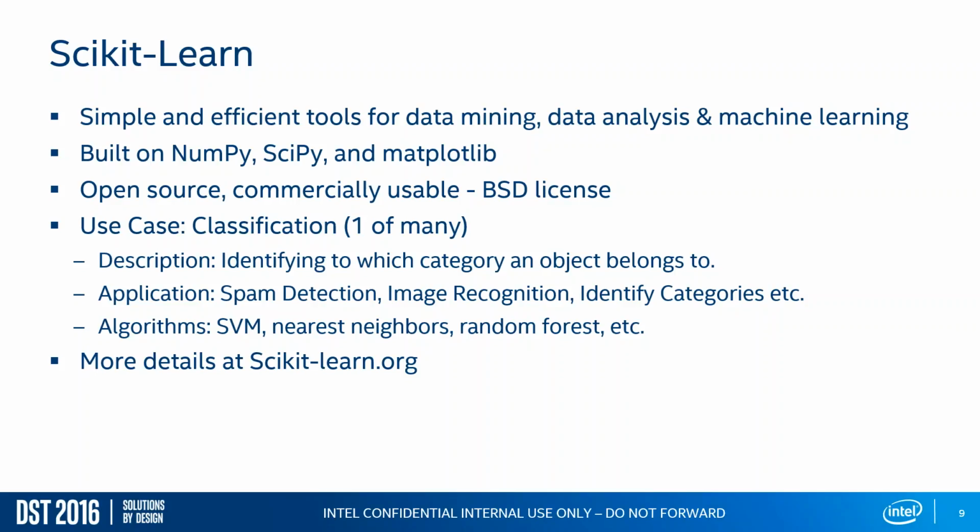But you can use classification for many other applications, such as detecting spam or image recognition, identifying what's inside of an image and then identifying categories. There are lots of different algorithms you can use: SVM, nearest neighbors, random forest. But go check out scikit-learn.org.